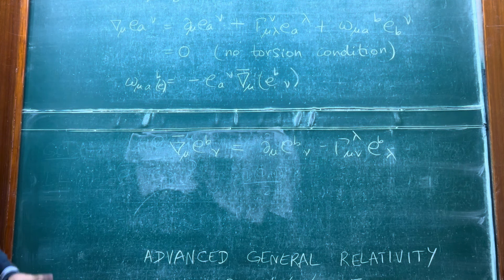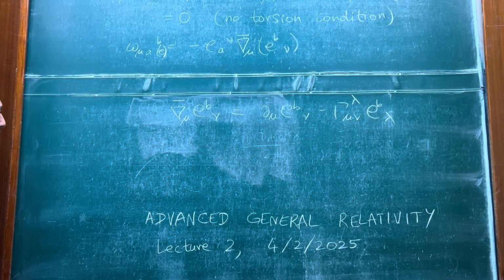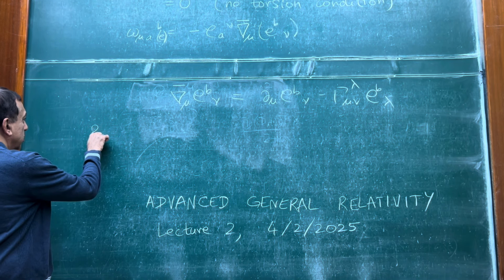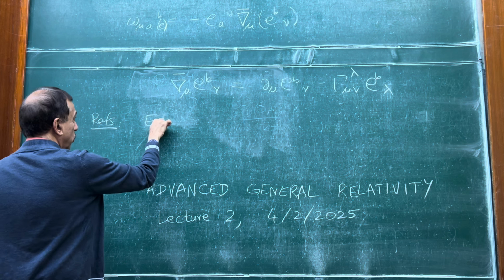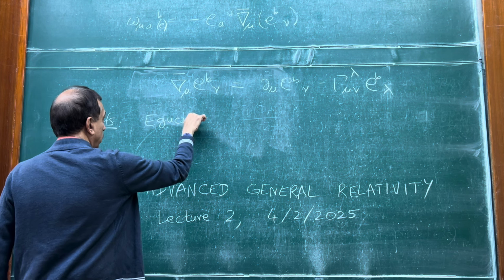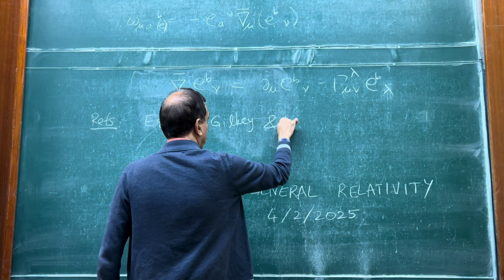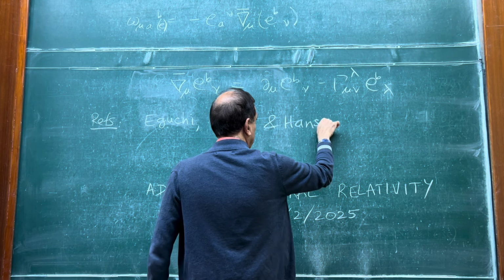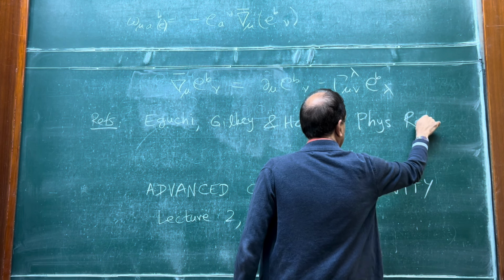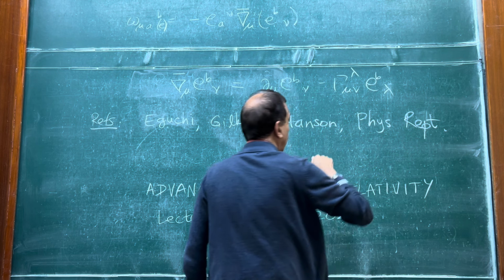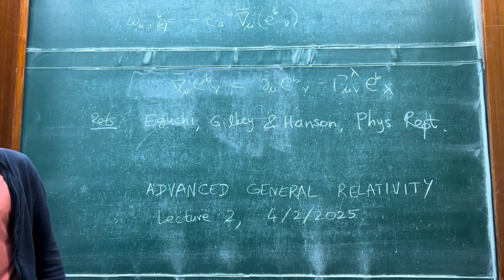And just one word about references. I keep saying I'll give you references, so let me just mention some references particularly on this subject. One very good one is the physics reports of Eguchi, Gilkey and Hansen. I can't tell you when or anything, but I'm sure you know how to figure that out. It's called something like gravitation, gauge theories and differential geometry.